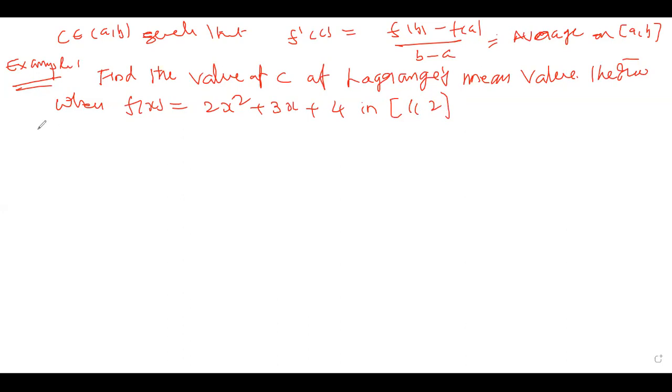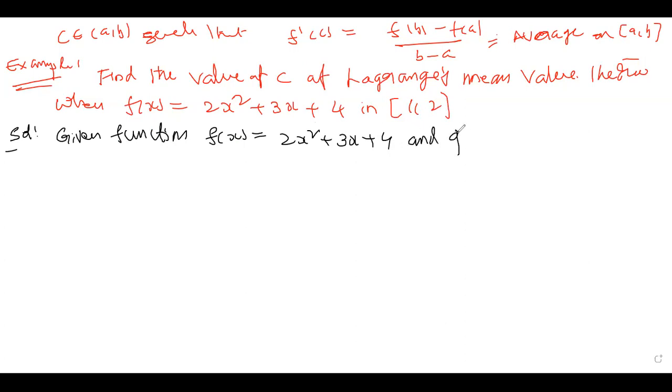In the solution, first take the given function: f of x equals 2x square plus 3x plus 4, and the given interval is the closed interval 1, 2. Now we have to apply Lagrange's mean value theorem here.